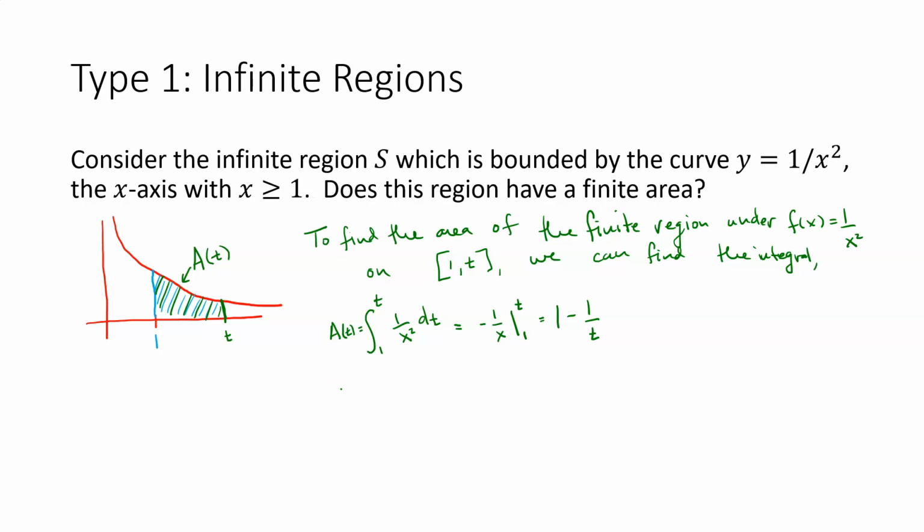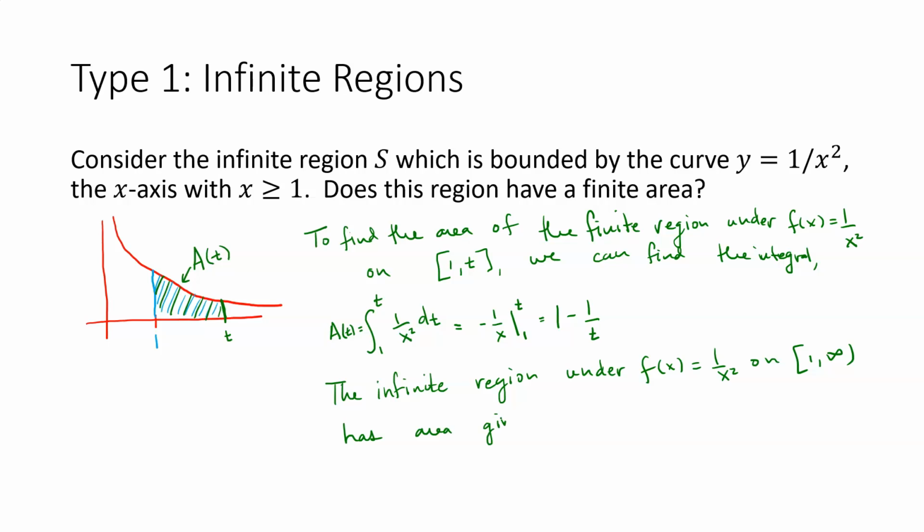We can now consider the infinite region under the graph of f of x equals 1 over x squared on the interval from 1 to infinity. It has area given by the limit as t approaches infinity of A of t, right?